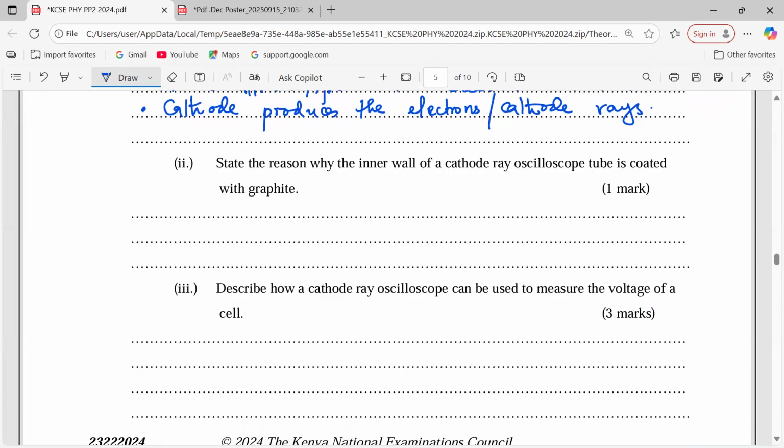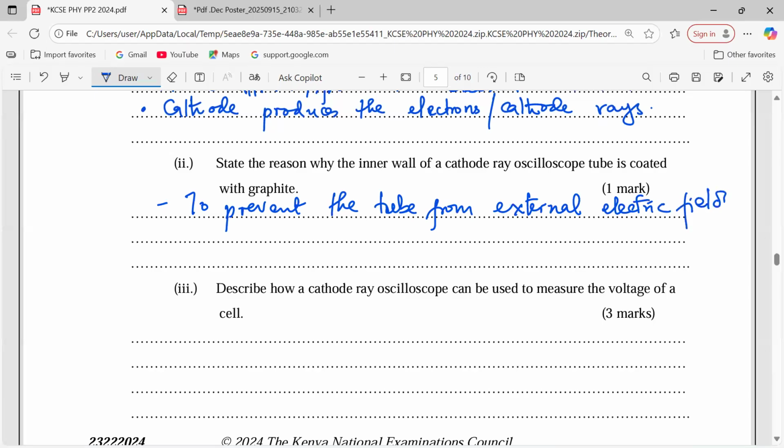State the reason why the inner walls of the cathode ray oscilloscope are coated with graphite. We know that graphite is a good conductor of heat and electricity. There are several roles, and one of them is to prevent the tube, or the CRO, from external electric fields.